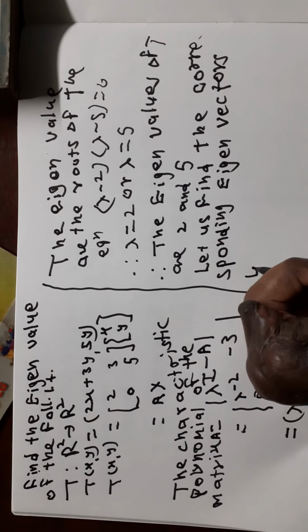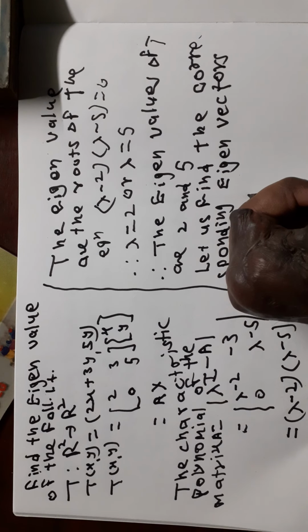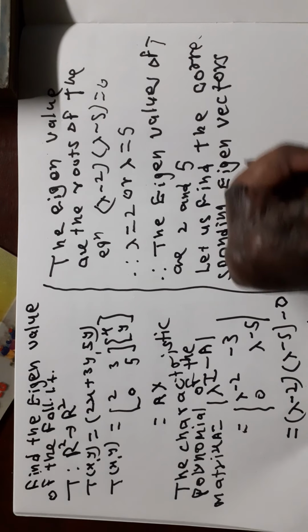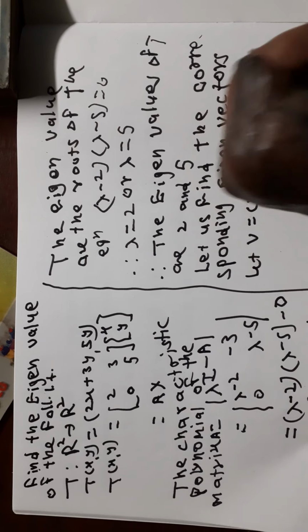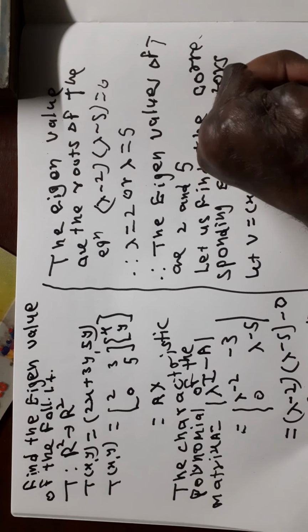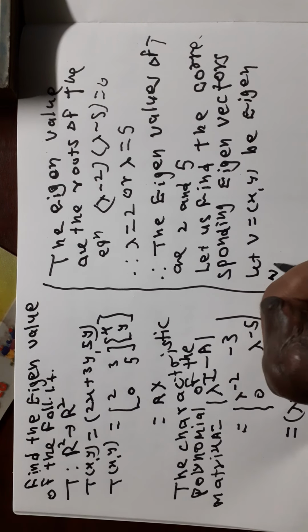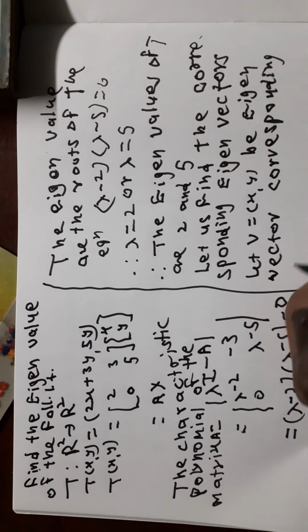Let v = (x, y) be an eigenvector corresponding to eigenvalue 2.